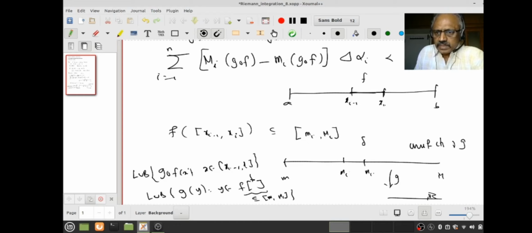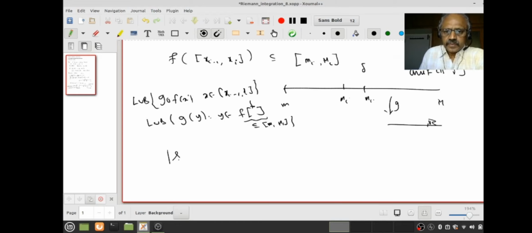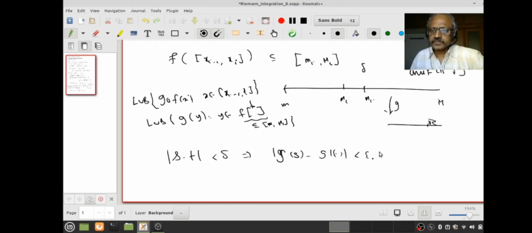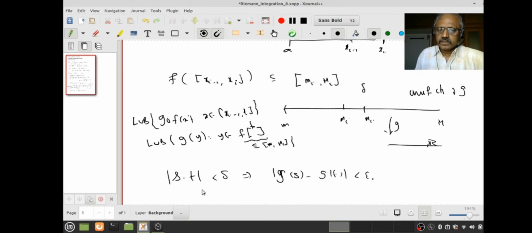Then I know there is a delta positive such that whenever s and t are in the interval [m, M] with distance less than delta, this should imply |g(s) minus g(t)| is less than epsilon. Do you understand this? Therefore, capital Mi of g composite f minus little mi of g composite f will be less than epsilon, provided I know this distance is less than delta.